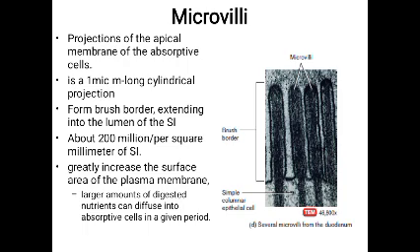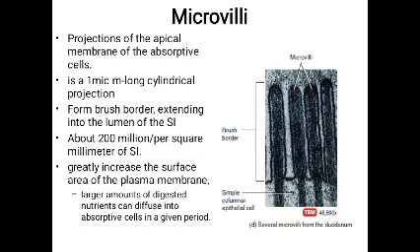Microvilli, projections of the apical membrane of the absorptive cells, are 1 micrometer long cylindrical projections forming a brush border extending into the lumen of the SI, about 200 million per square millimeter of SI.